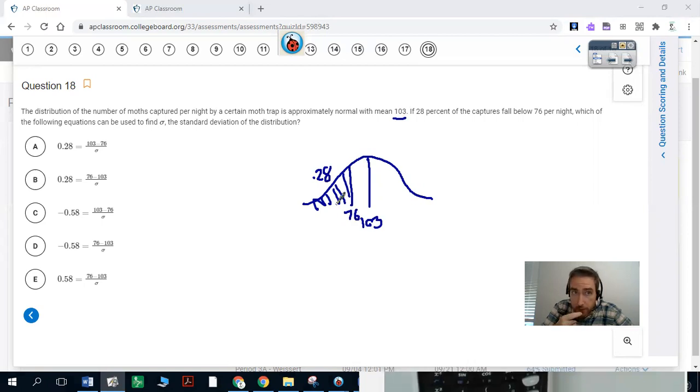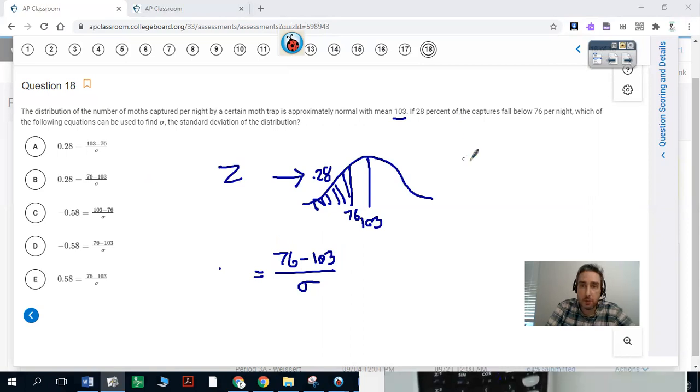Which of the following equations should be used to find the standard deviation of the distribution? So what we want to do on this problem is get the z-score. So you do 76 minus 103, over the standard deviation, which we don't know. But we have to know this number right here is z, all right? And we can get the z from either the table or do a normal inverse norm. So what I do is I do inverse norm.